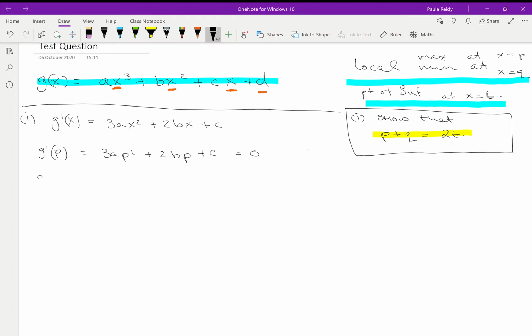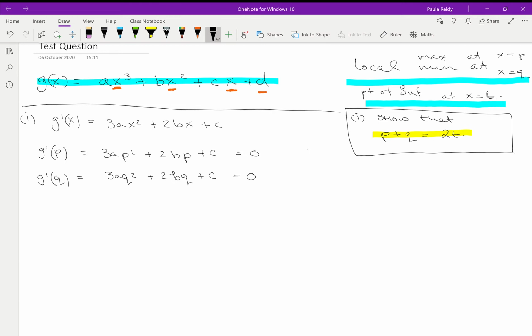Then they told me that g'(q) is also a turning point, so 3aq squared plus 2bq plus c is equal to 0, again.